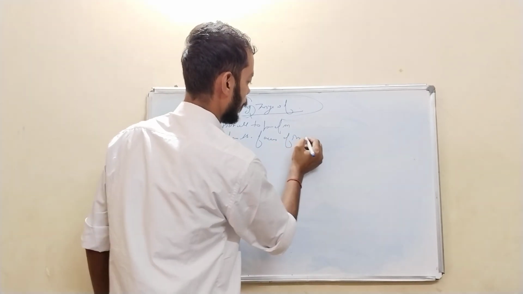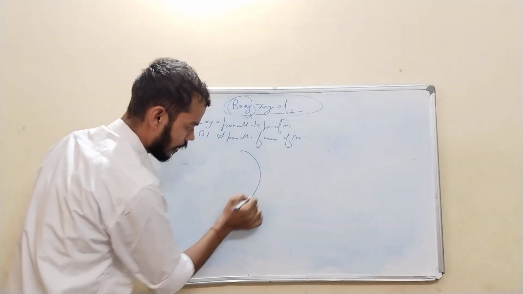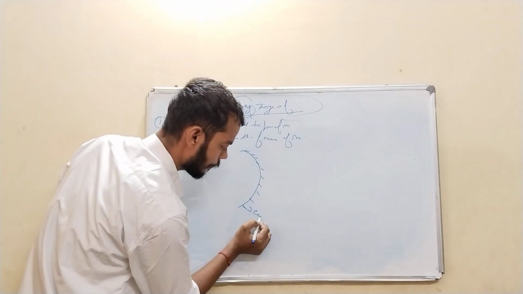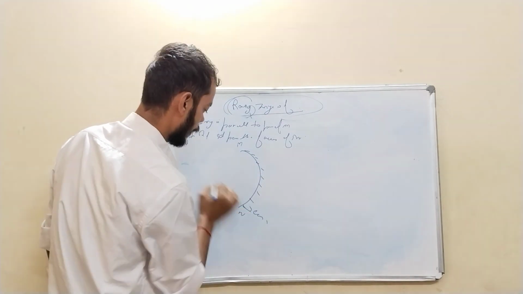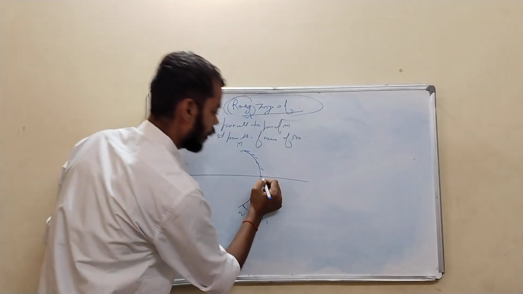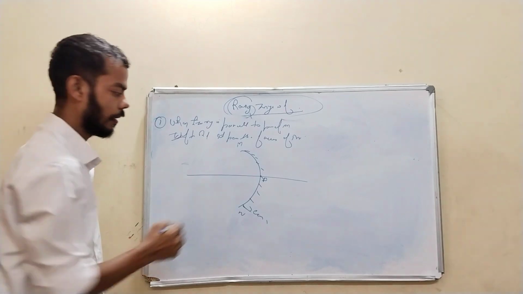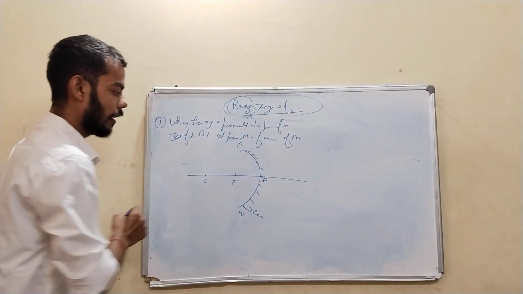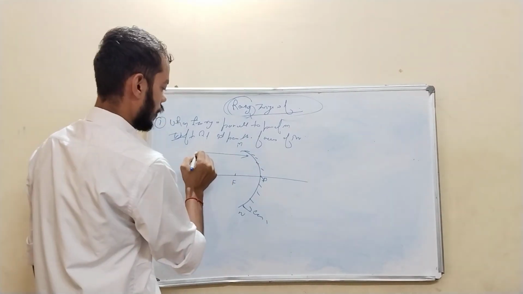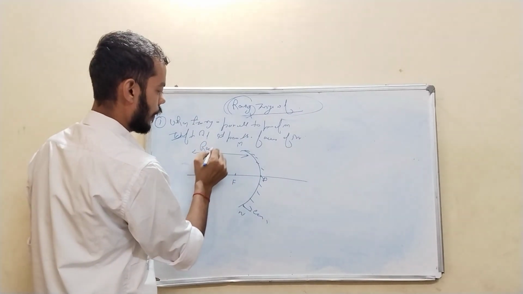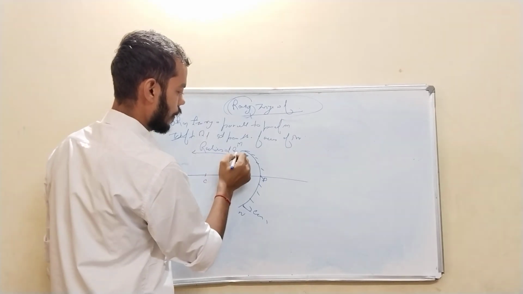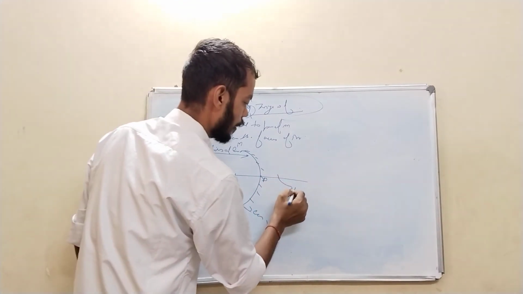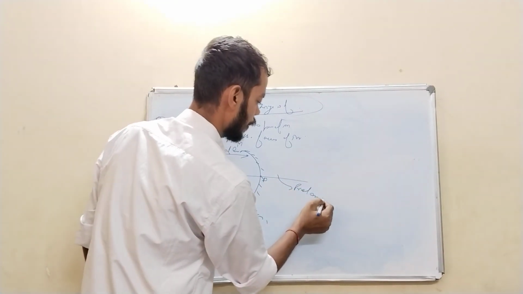Let us understand by the figure. So this is a convex mirror, MN. Let us draw. This is the pole. This is the focus. This is the center of curvature. This whole distance constitutes the radius of curvature. And this is the principal axis.